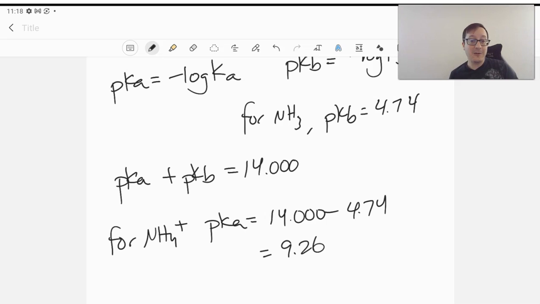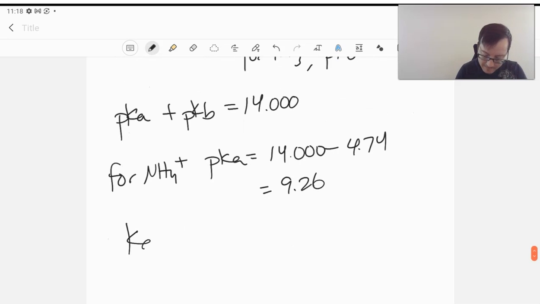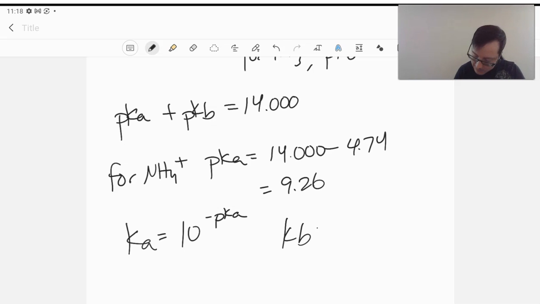So we're able to calculate it that way. And just like before, Ka would be 10 to the negative pKa, or Kb would be 10 to the negative pKb. So you can go back and forth. Just like we did with H+ concentration, we can do all the same things with Kas and Kbs.